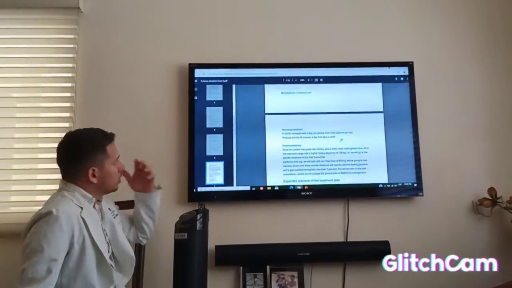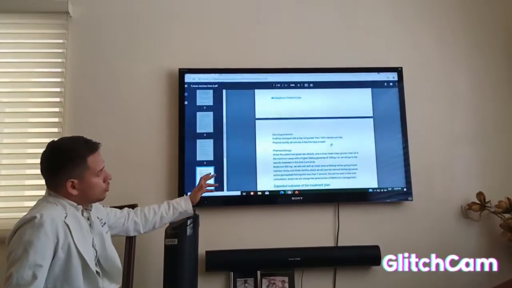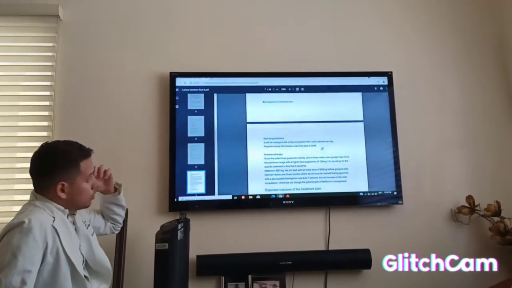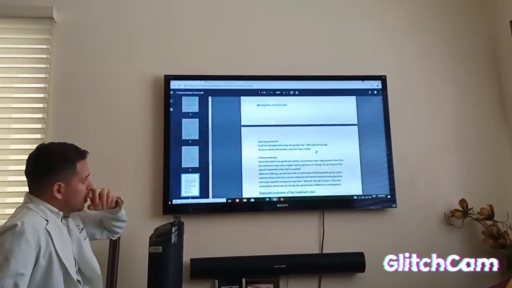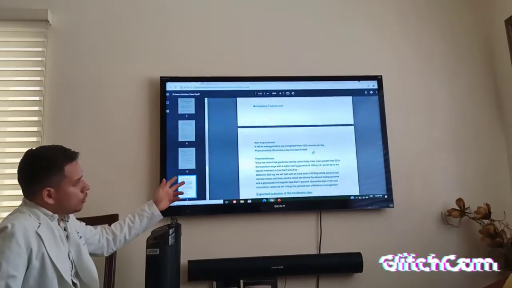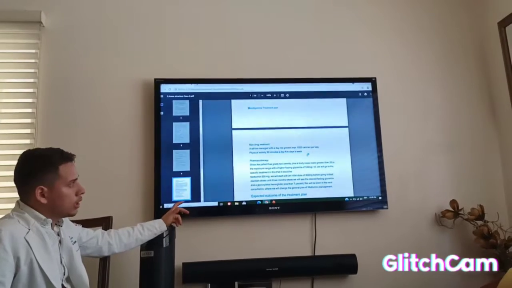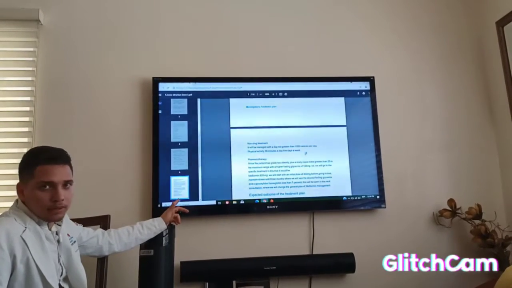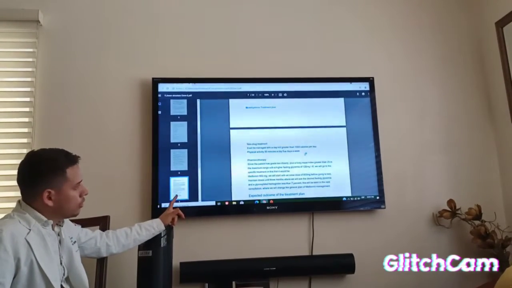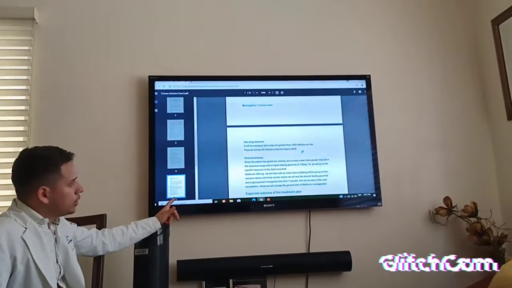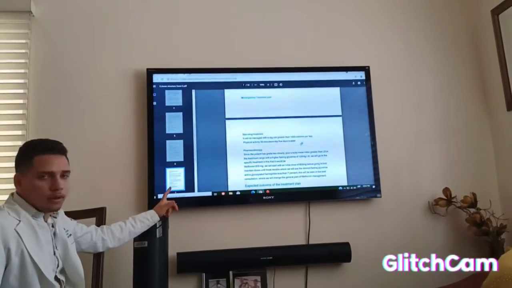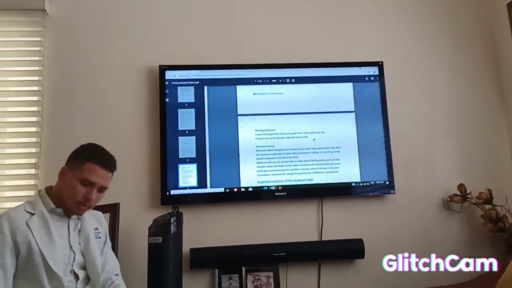This is the investigation treatment plan. Non-pharmacological treatment: it will be managed with a diet not greater than 1,000 calories per day. Physical activity: 30 minutes a day, 5 days a week.